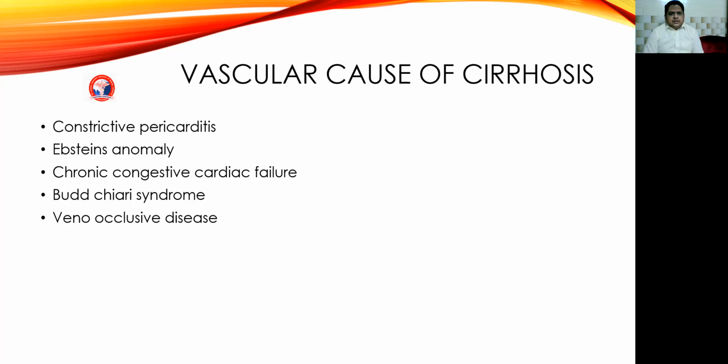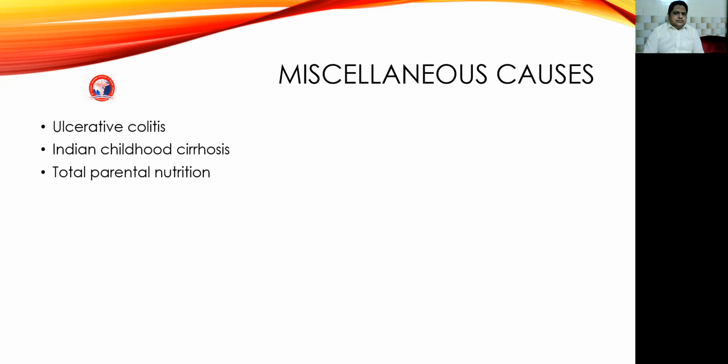Vascular causes of cirrhosis: constrictive pericarditis, Ebstein's anomaly, chronic congestive cardiac failure, Budd-Chiari syndrome, veno-occlusive disease. These are the vascular causes of cirrhosis. Miscellaneous causes.